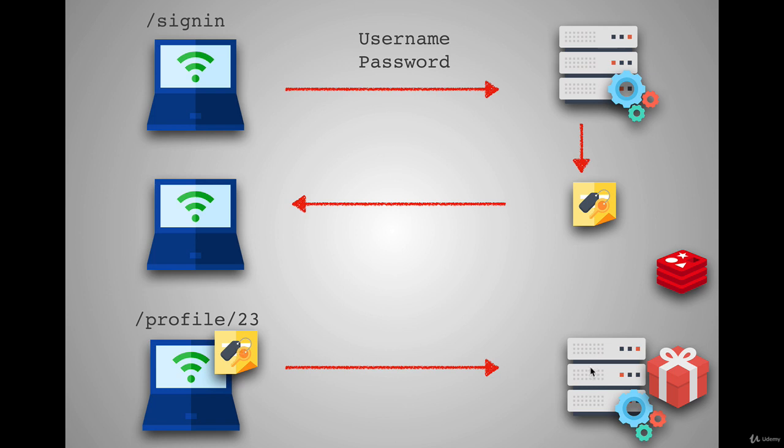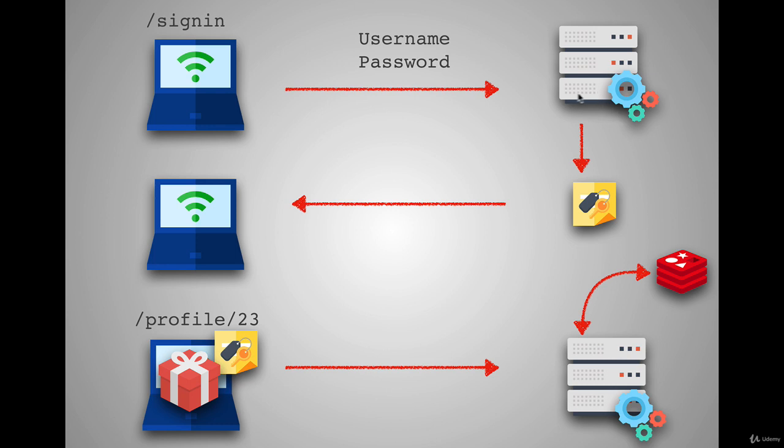The server then can verify the token using the .verify method, or in our case, it can actually have the token stored in a Redis database, check it to make sure that it's a valid one. And then if everything checks out, all right, you can have your profile, or you can update your profile.